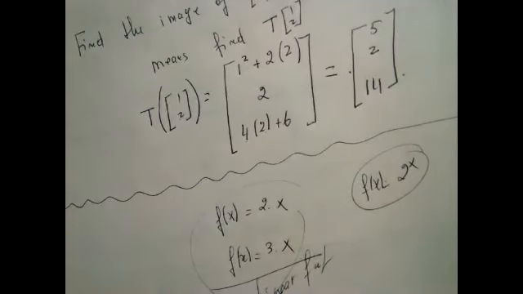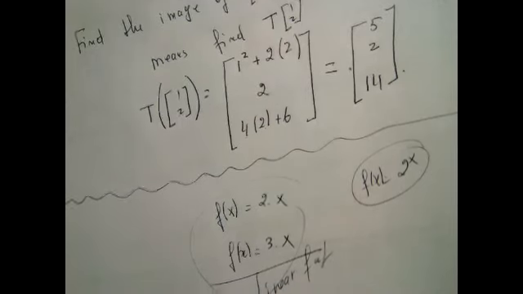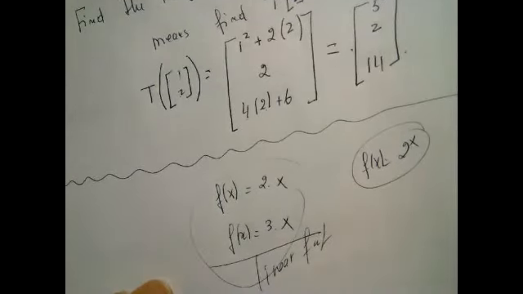In this class, we're going to study a specific type of function, the functions which are generated using a matrix. We're not going to study all types of transformation, just a very specific one: something called matrix transformation. So what's a matrix transformation?